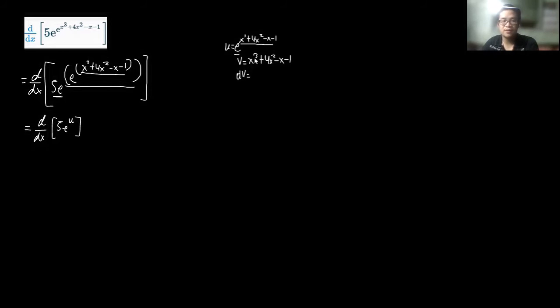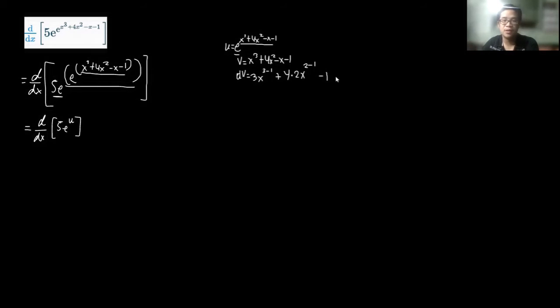To get the derivative for this one, simply bring down the exponent, copy the variable, and subtract its exponent by 1, plus, same thing for the second term: copy the coefficient, times, bring down the exponent, copy the variable, and subtract its exponent by 1, minus, since you have negative x, to get a derivative for it, just remove the x and copy the number.